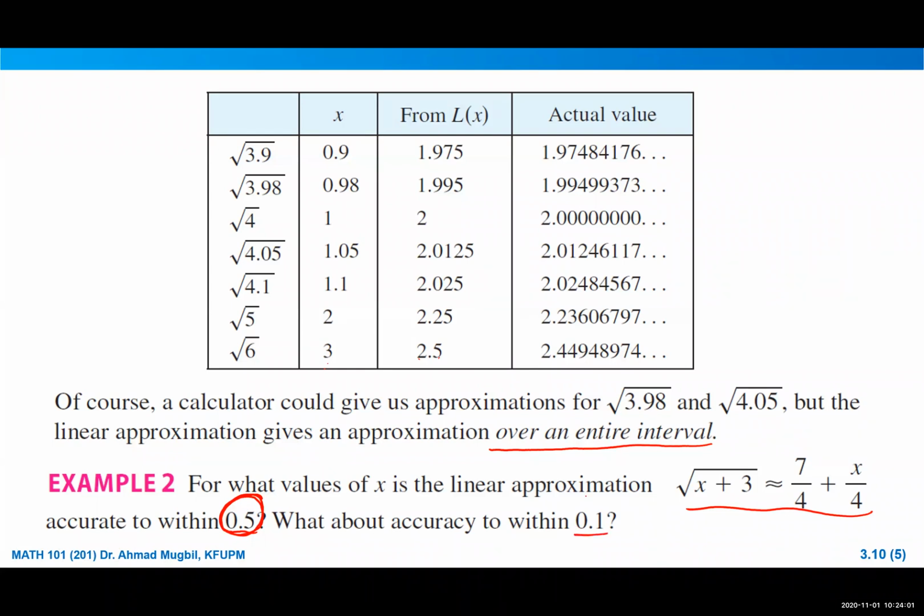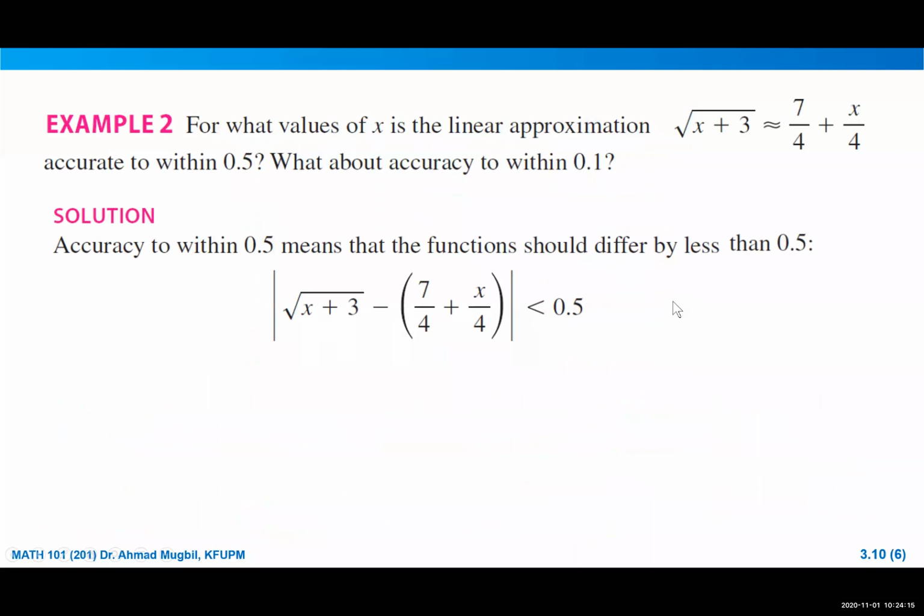So here we want the difference between the actual value and the approximated value to be less than 0.1. What is the idea? I need the difference between the approximation and the exact value to be less than 0.5. I don't want it to be greater than or even equal. I want it to be strictly smaller than.